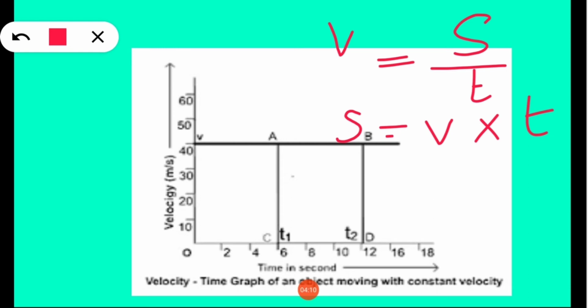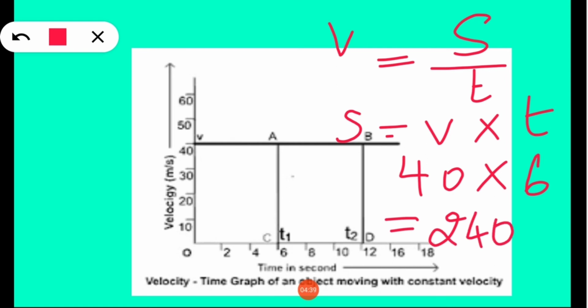If you see the graph here, the value of velocity, if you take from 0, the origin, is 40 meter per second. And we are only going to calculate the distance between t1 and t2. So the time interval t2 minus t1 is 12 minus 6, which is 6. The value will be 240 meter. So the distance travelled from t1 to t2 is 240 meter.